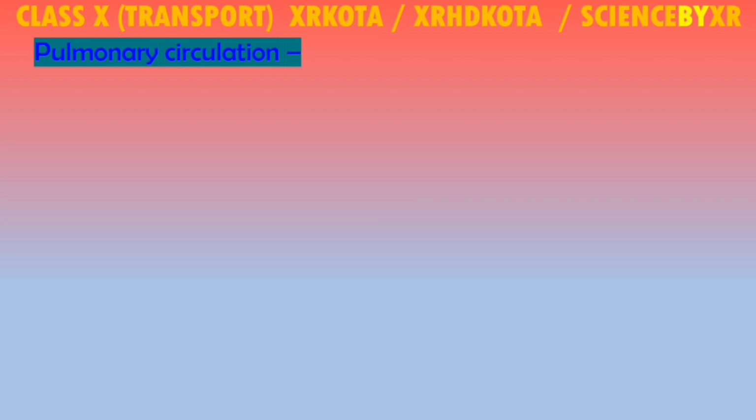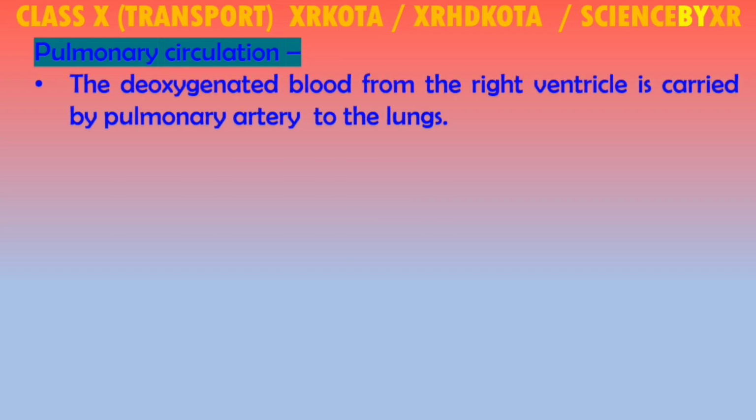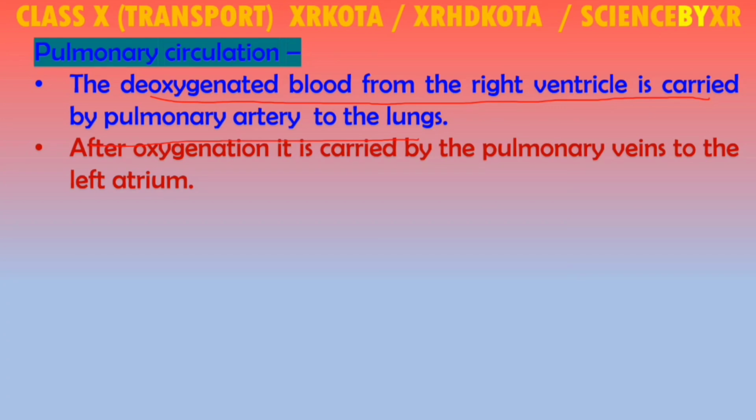Now double circulation has two parts. The first is pulmonary circulation. In pulmonary circulation, the deoxygenated blood from the right ventricle is carried by the pulmonary artery to the lungs, and here it gets oxygenated. After oxygenation it is carried by the pulmonary vein to the left atrium.